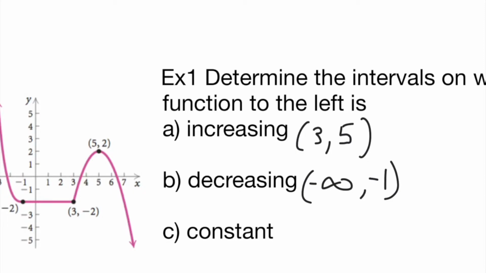It's also decreasing again from positive 5 as an x value to positive infinity. As you can see here, decreasing here and decreasing in the very first interval. And then yes, it is constant kind of in the middle. You can see here it's constant from negative 1 up to 3.